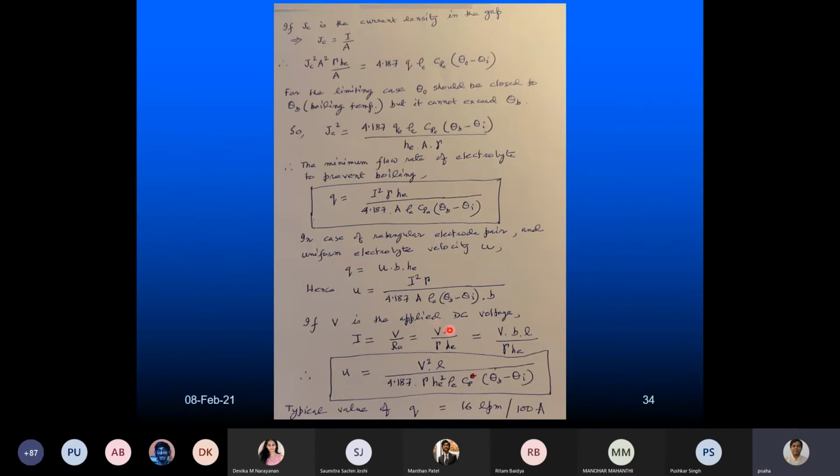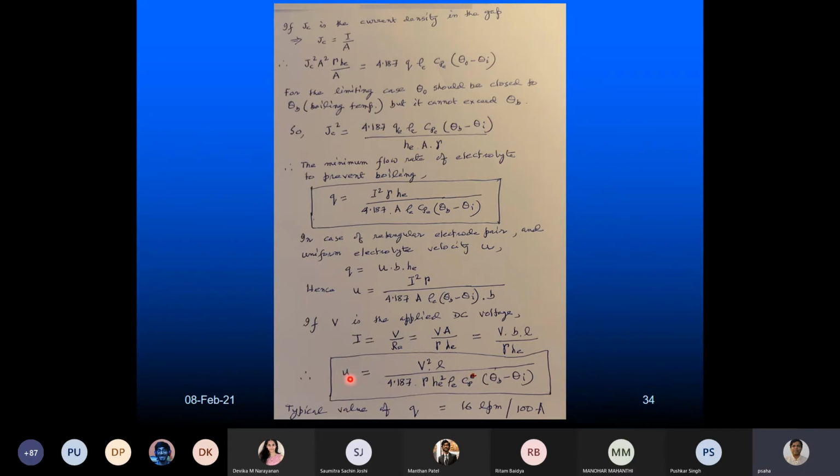In terms of other properties, it is V into A into gamma divided by He, and the machining area is B into L. We put this value of I square, and from this we can find U, what should be my electrolyte flow rate.